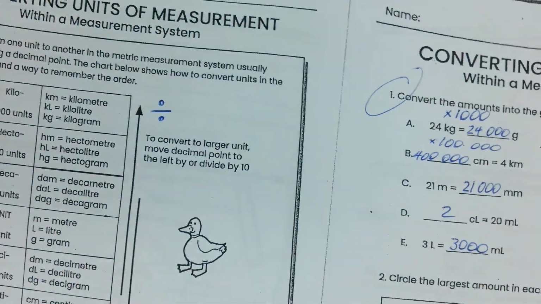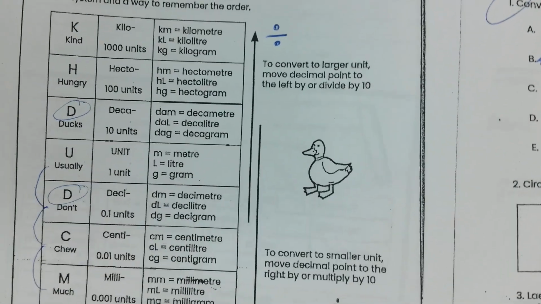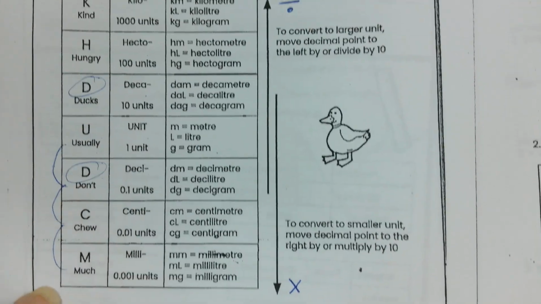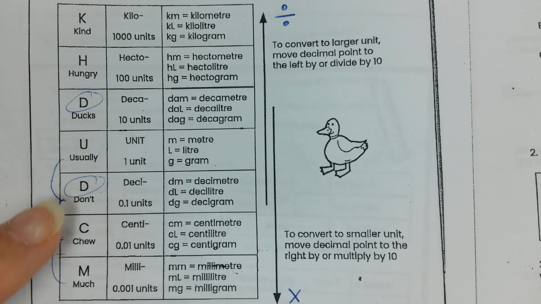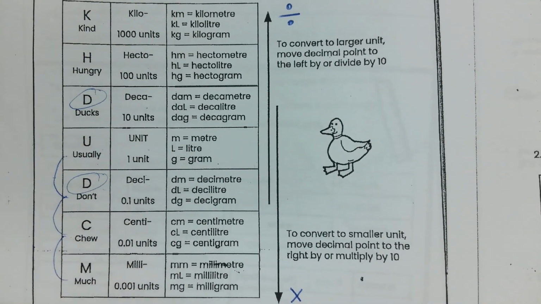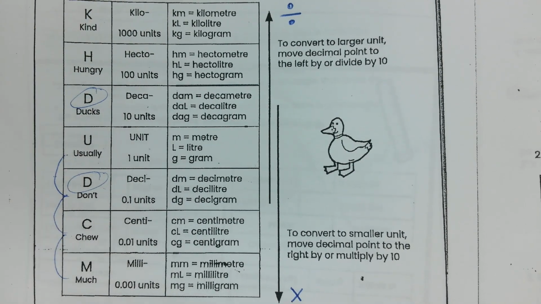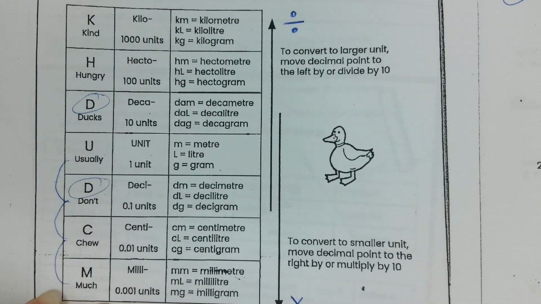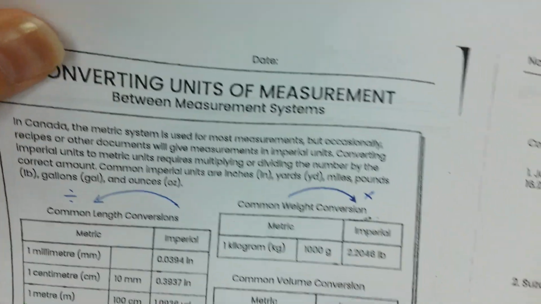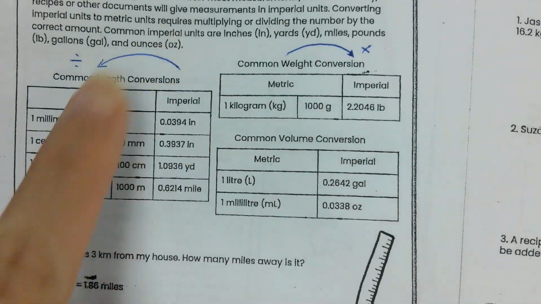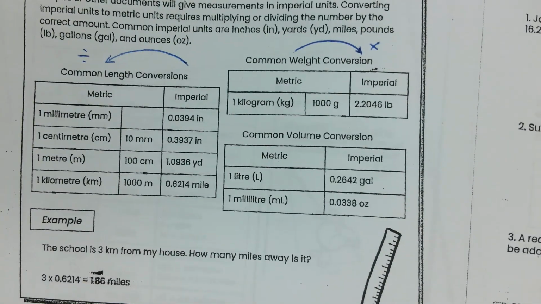Make sure you know how to do the Pythagorean theorem and conversions. So remember this: Kind, hungry ducks usually don't chew much. You need to memorize this for the test, but these imperial measurements I will give you. When is your test?